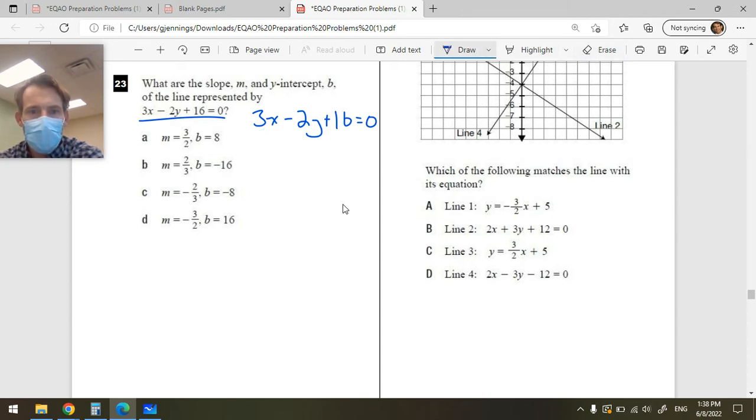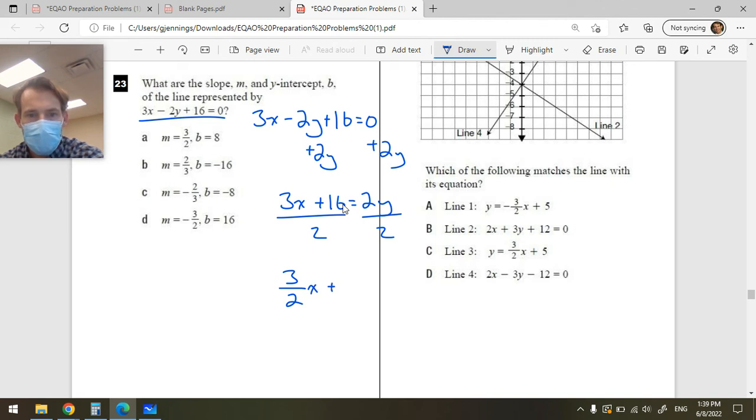So I'm going to add 2y to both sides. Okay, and then I get 3x plus 16 equals 2y. And now I divide both sides by 2, and then I get 3 over 2 x plus 8, because that's 16 divided by 2, is equal to y.